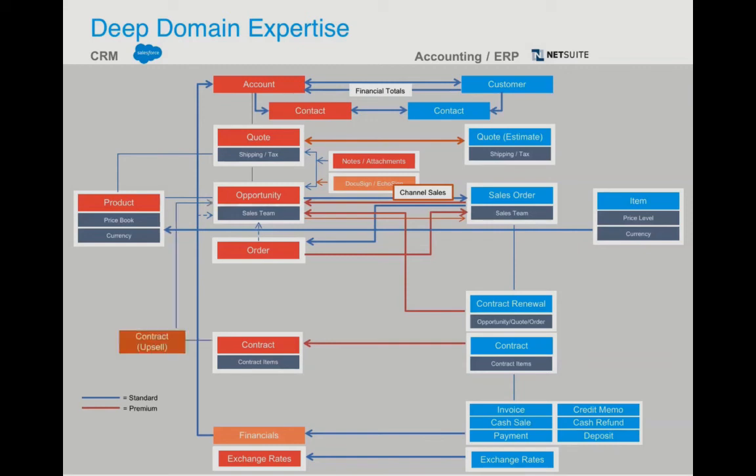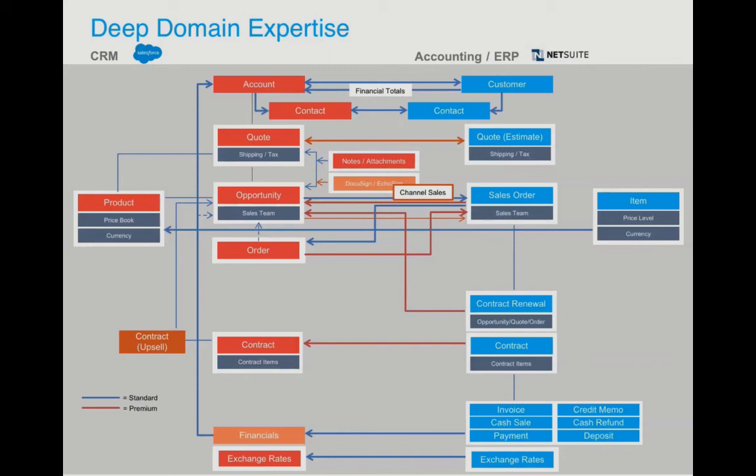Now I said I was going to talk about upsell. So let's back up a little bit. We're in the middle of a contract period and the sales rep finds out the customer wants to add something to the contract. So what he or she would do would be to go to that contract in Salesforce. So here's the benefit of having it there, or one of the benefits, and find the related list that says new opportunity. He or she would create a new opportunity.